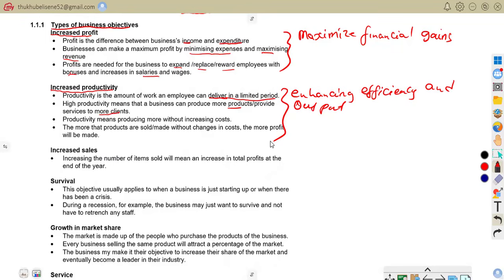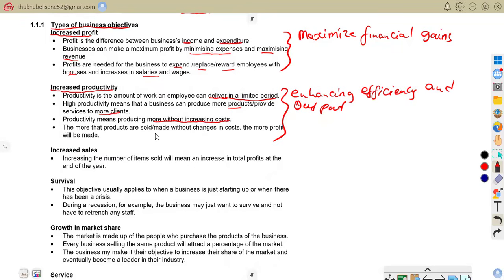Productivity means producing more without increasing costs, where we can produce more with less cost. That is productivity.